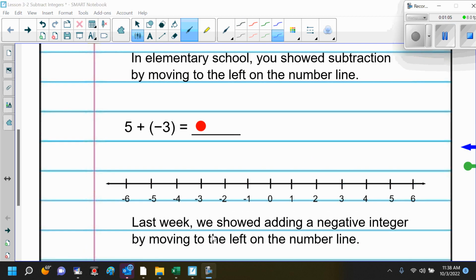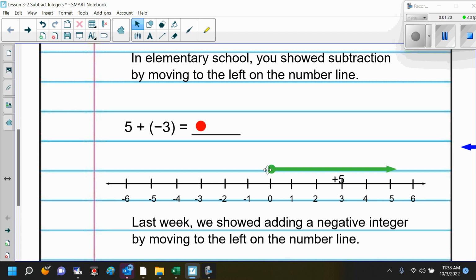Last week, we showed adding a negative integer by moving to the left on the number line. So here we showed 5 plus negative 3 as, first we put the positive 5 on the number line, and then we're adding the negative.